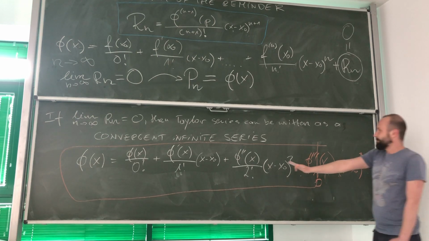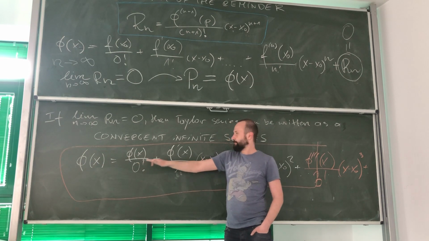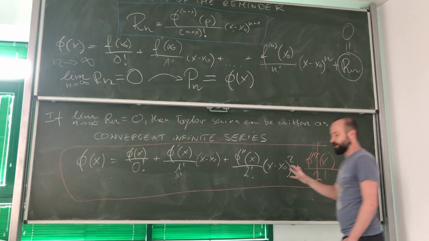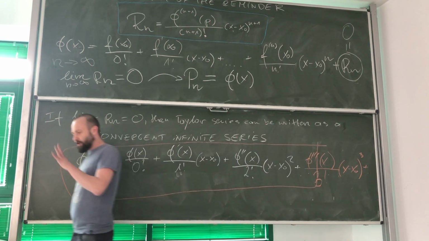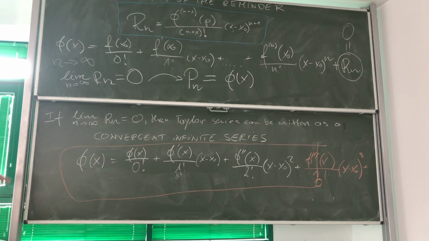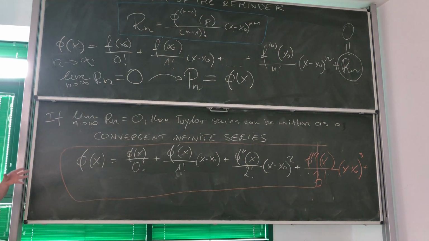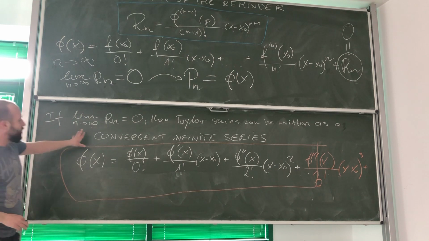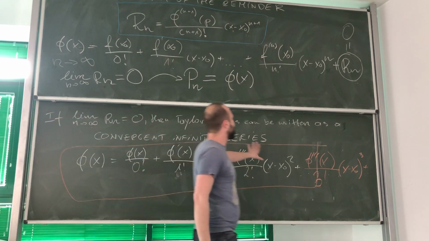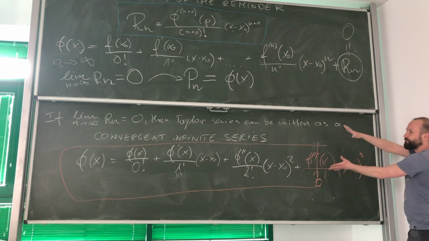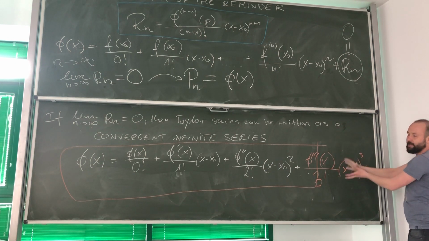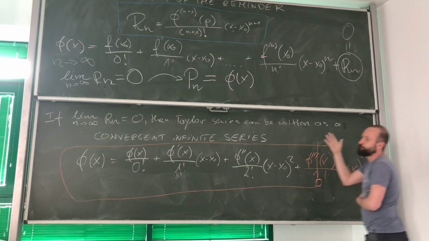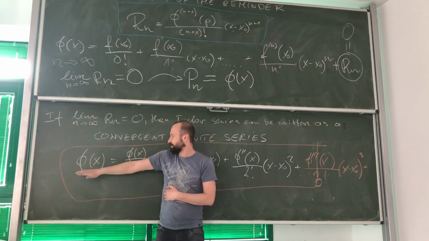So this is an infinite series, but it is called convergent. What does convergent mean? I will explain later. For now you only need to remember that convergent means that if we have a big enough number of elements in the series, it gives us a perfect approximation.